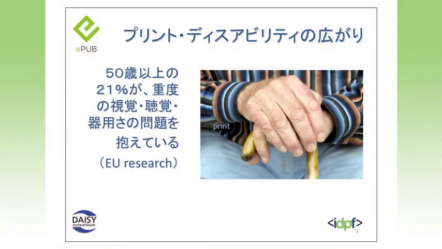So, how common are print disabilities? We talked about dyslexia being a disability that 1 out of 10 people have. But we also need to take age into account. In the European Union, there is research that has identified that 21% of all people over the age of 50 have experienced some form of severe vision, hearing, or dexterity problems.